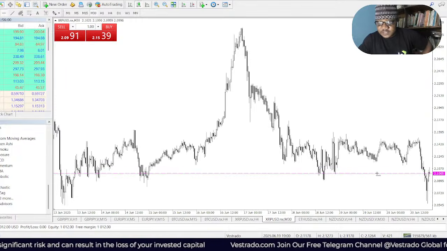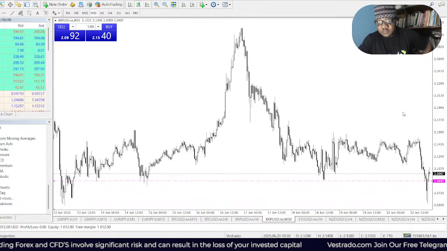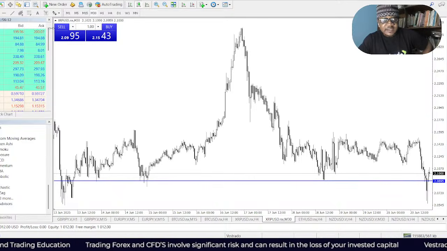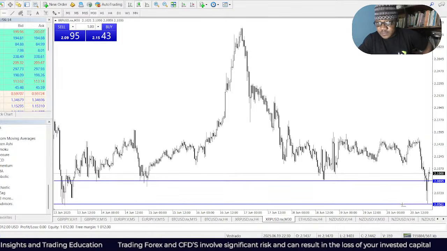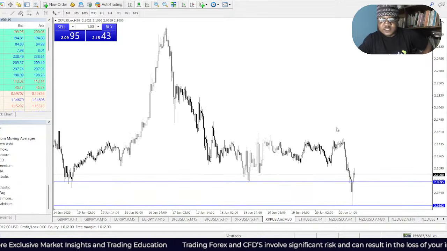Assume we entered right here. You see the confirmation candle. This guy looks like a railway track. No, you're not. Just a normal candle. And here, I will place my stop loss because of that price rejection, 2.056. You can see that very clearly.